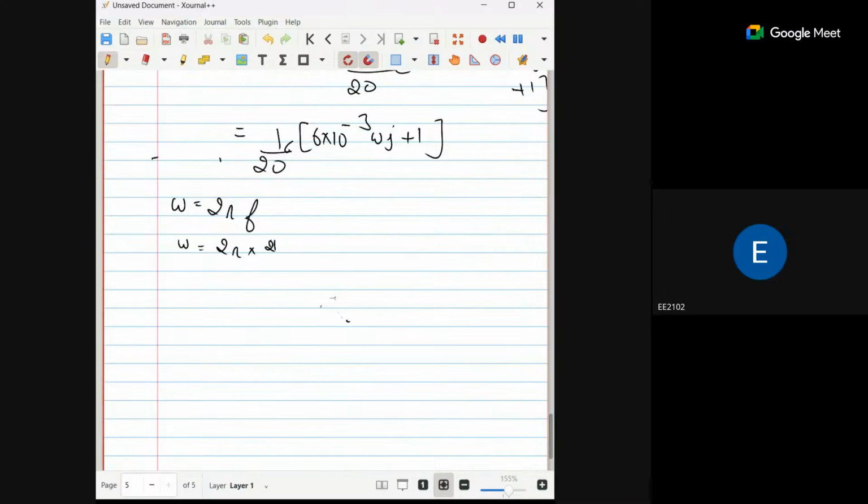So frequency is 2 pi upon RC now. Omega is 2 pi, F frequency is 1 upon RC. Any issue in that?